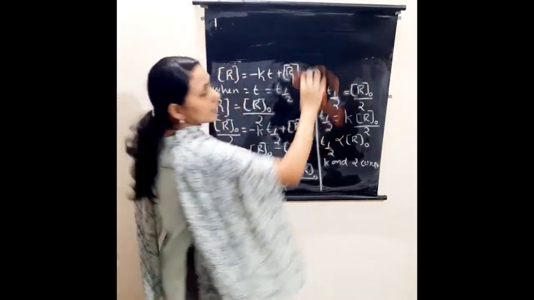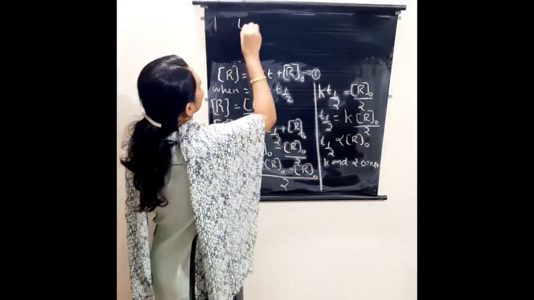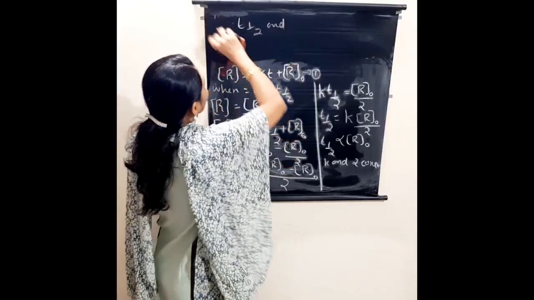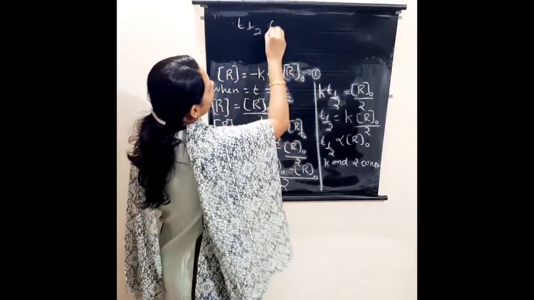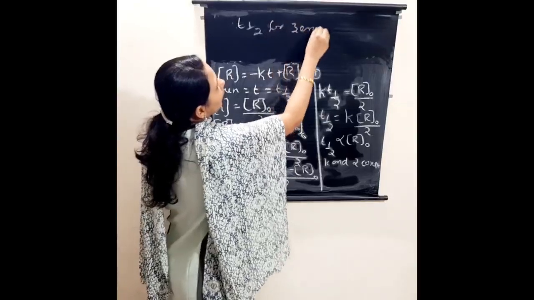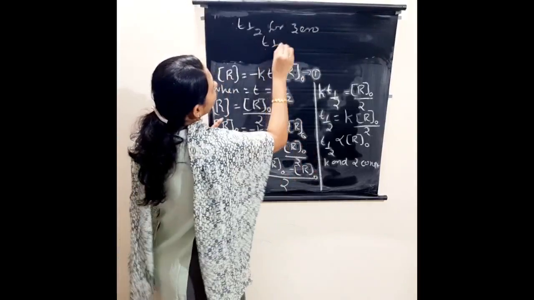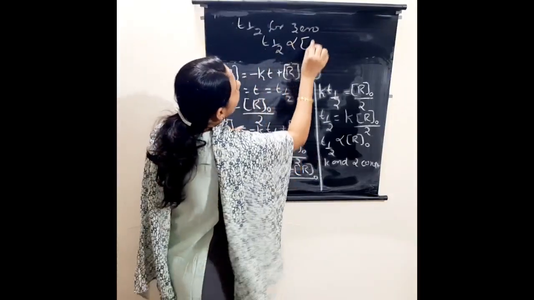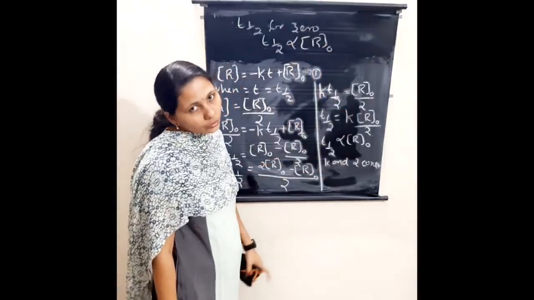Derive the relationship for T half, half life, for a zero order reaction. Or they will ask, show that the T half of a zero order reaction is directly proportional to the initial concentration of the reactant.